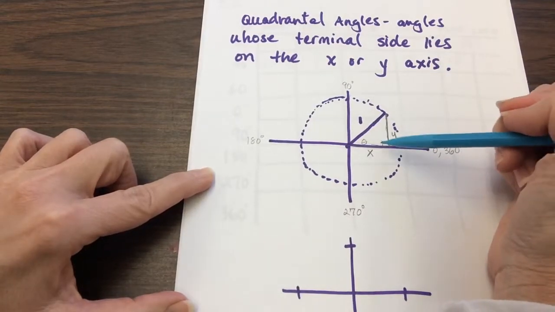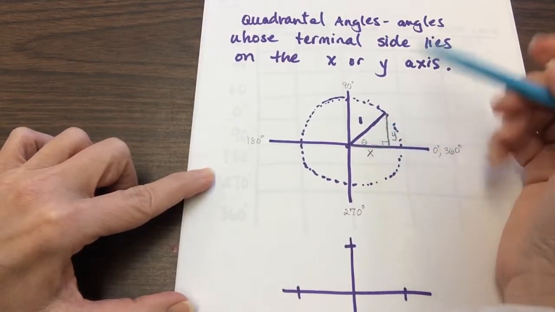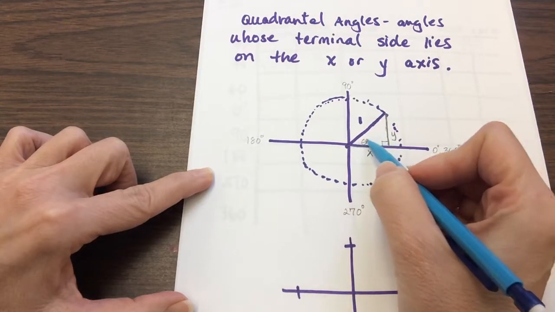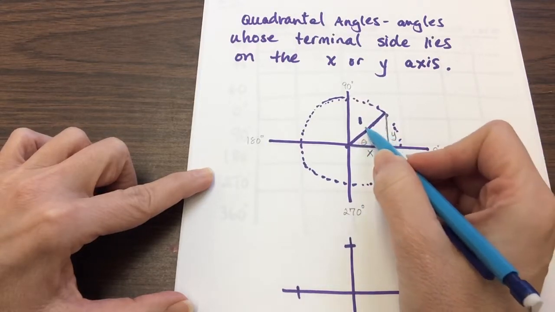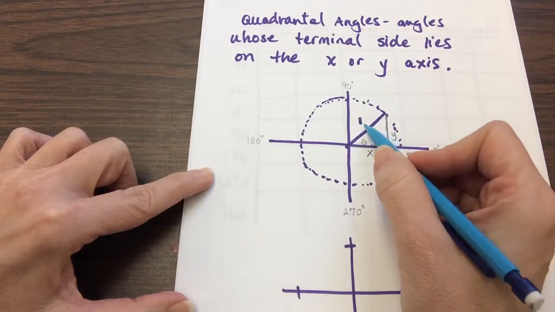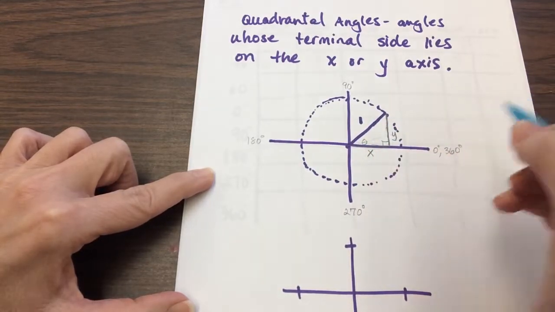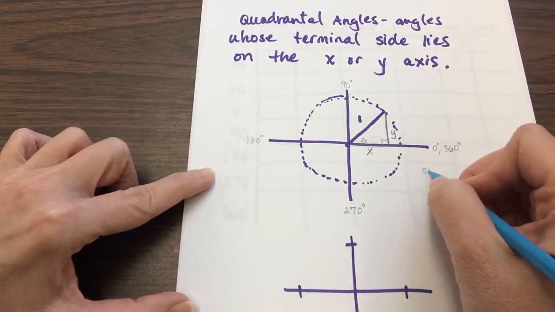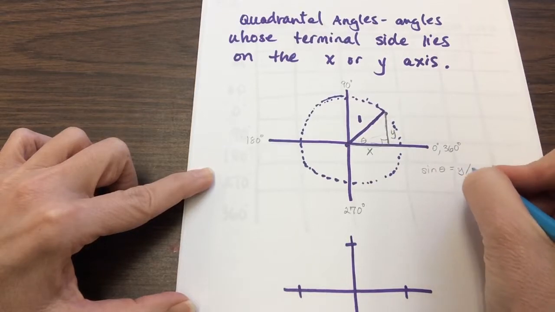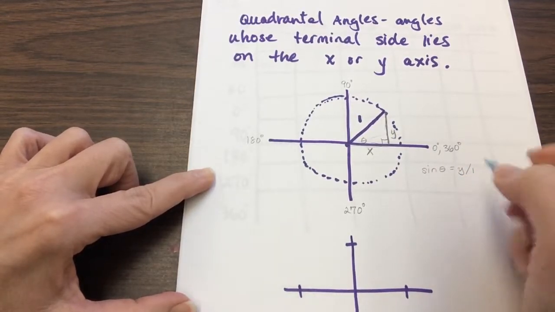All right, if I'm looking to see what theta is, well, look, the side across from my theta is y. My hypotenuse is 1, which means opposite over hypotenuse. What are you thinking about? You're thinking the sine of theta. The sine of theta is y over 1, or just y.